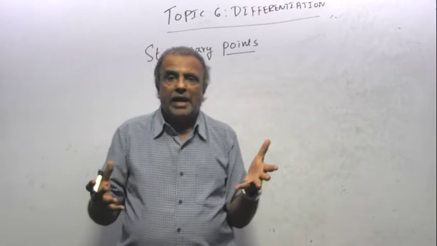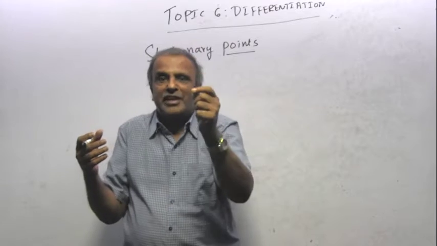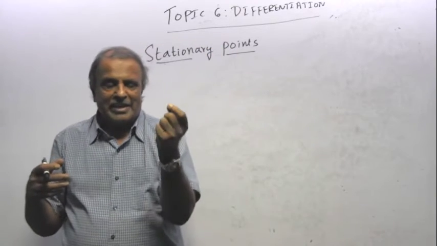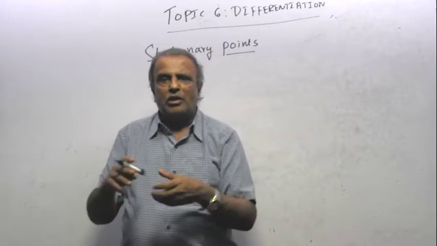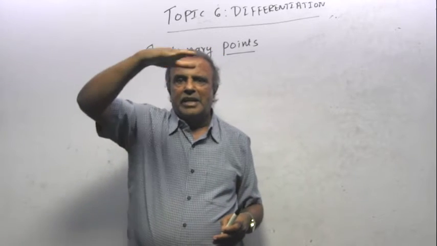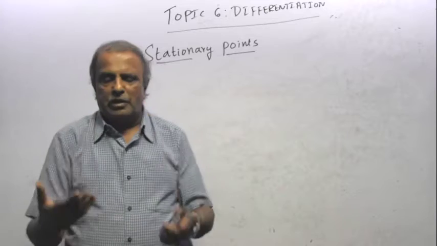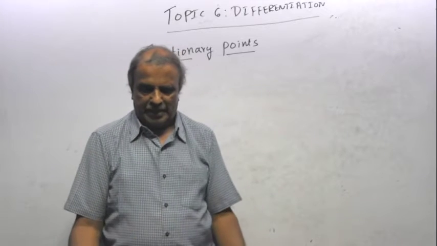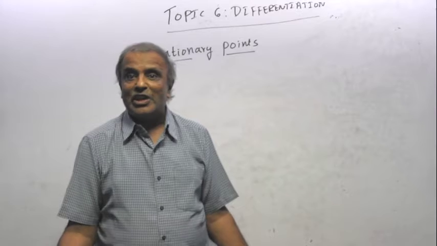Meaning y becomes stationary. That means for a split second, or for a very specific value of x, the rate of change of y with respect to x stops. Look, if I am stationary, I am not moving, so my speed is 0. So ds by dt is 0.